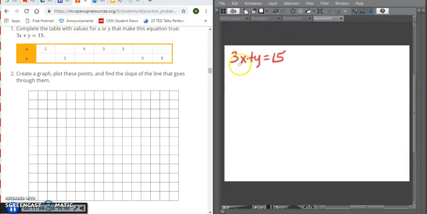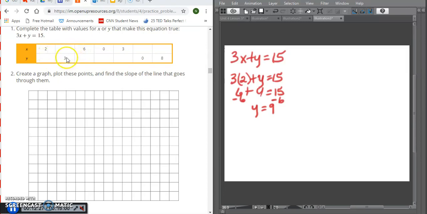So I'm going to plug in a 2 for x. So I'm going to have 3 times 2 plus y equals 15. That's going to give me 6 plus y equals 15. If I subtract 6 from both sides, y is equal to 9. So I will plug in a 9 right here. So that will be a 9 underneath the 2.